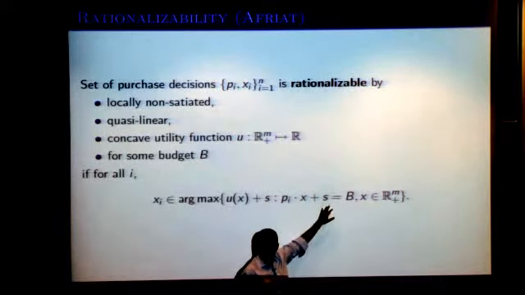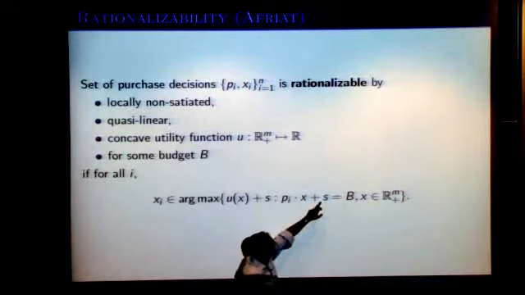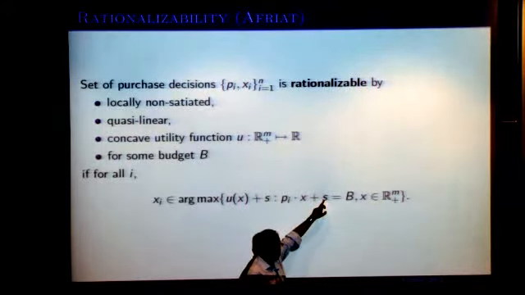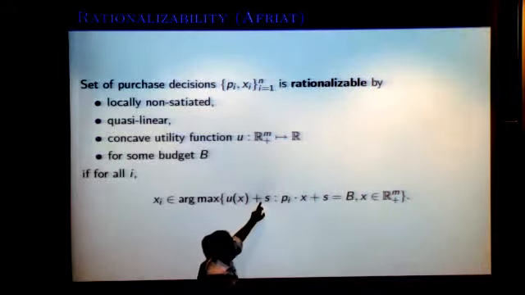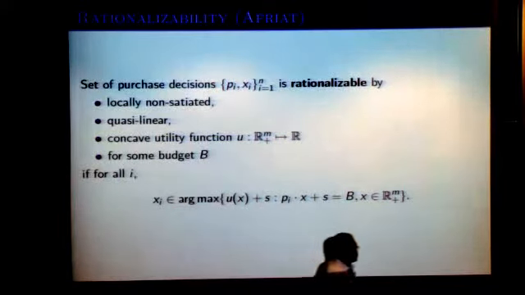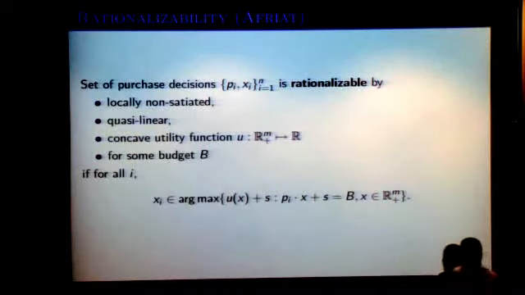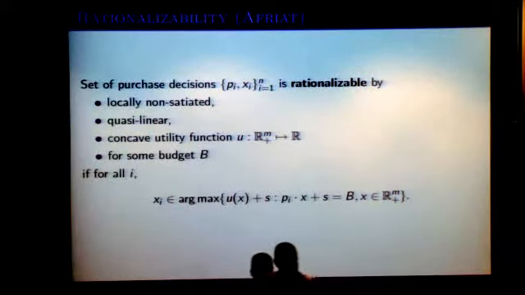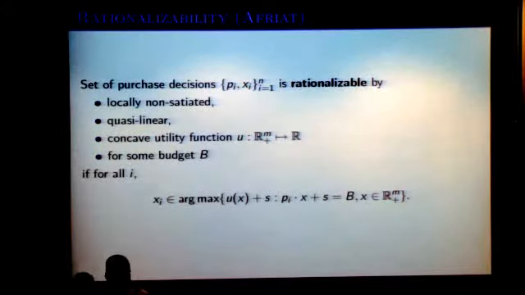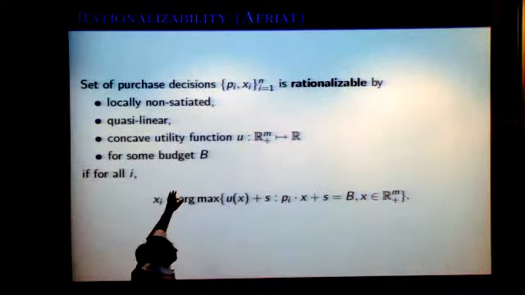Where is the quasi-linearity assumption coming in? Money appears here in the constraint and also in the objective function. Does the question make sense? Okay? I have the observations, and I want to know whether they can be explained by a particular class of preferences.